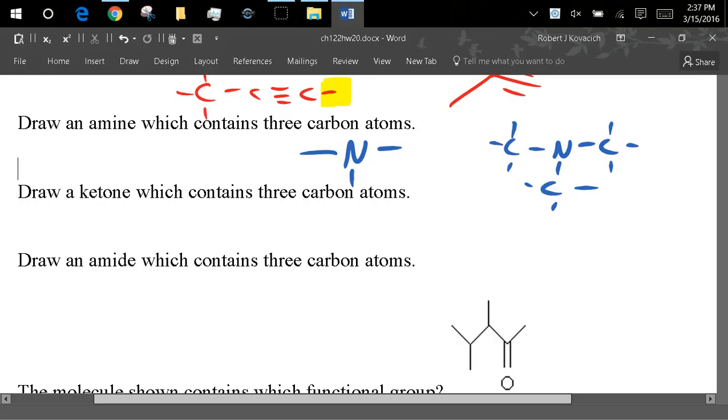So a structure like this, is that an amine or an amide? What did I just say like 20 seconds ago?